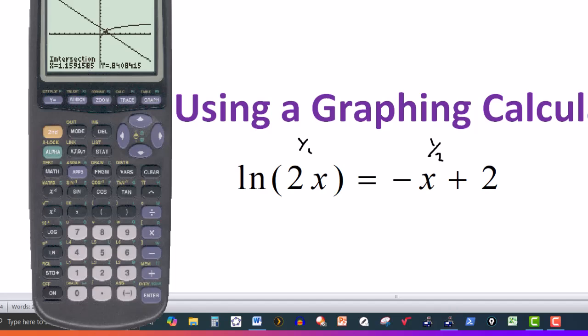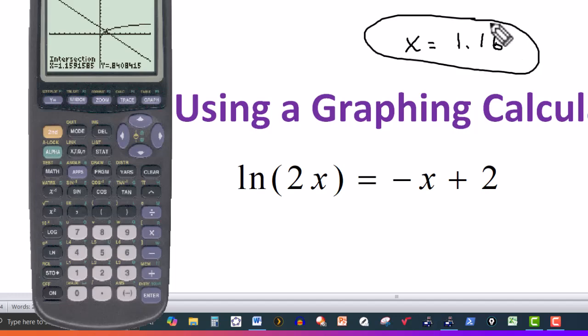So the solution to this equation using this feature is x equal to 1.16, and that's the two places.